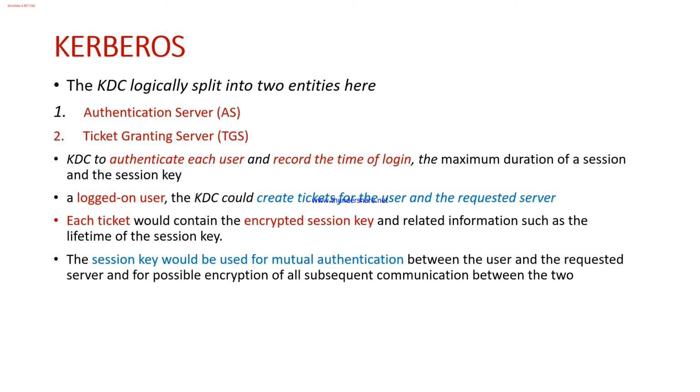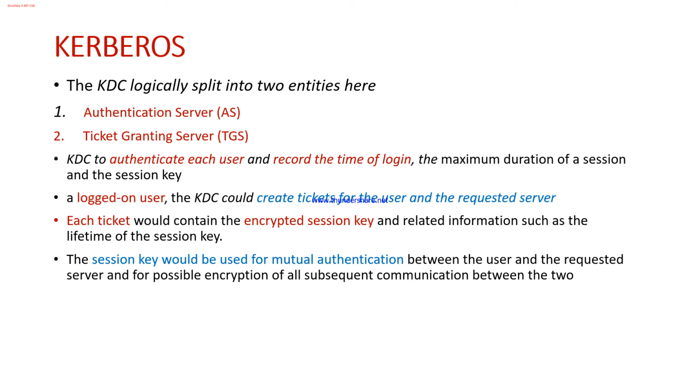For the logged-on user, in the case of Kerberos, a ticket is created for the user and the requested server. Each ticket contains the encrypted session key and related information such as the lifetime of the session key.